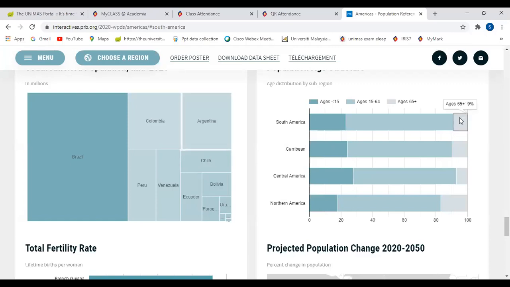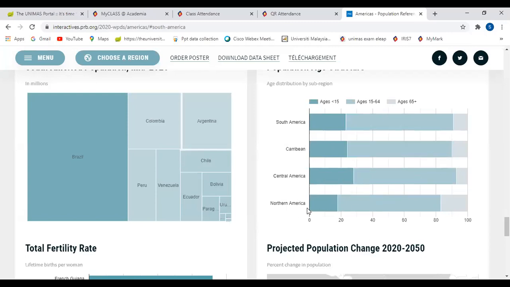Kita campur 9% plus 23%, that would be berapa? 32% kan? Divide by 68%, and you can get the ratio there, yeah. So in terms of that, the dependency ratio is considered as low, yeah.